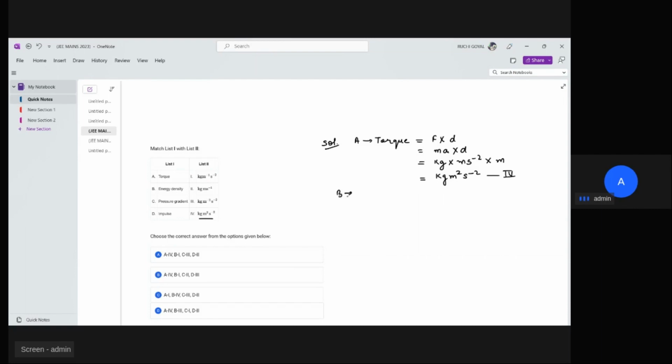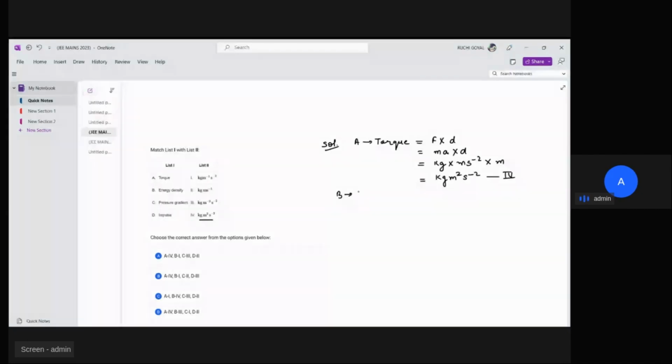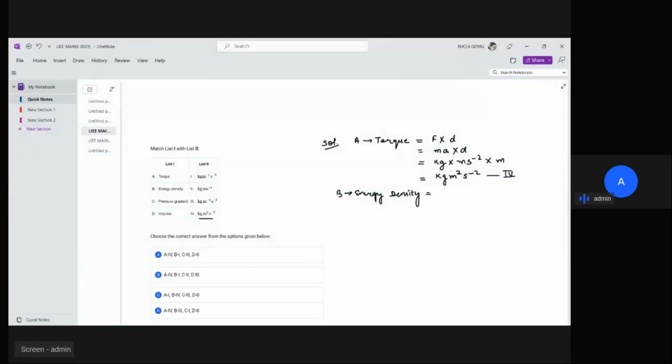Okay, so like this we can find. Next is energy density. We can find the dimensions of energy density as well. What is the formula of energy density?